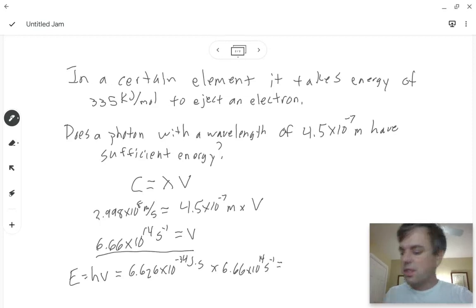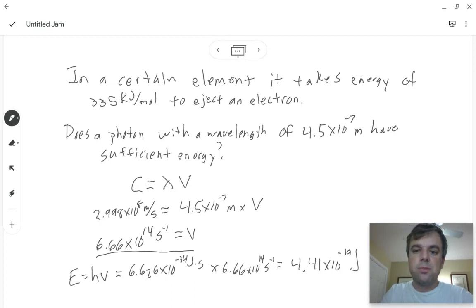If we multiply that out, I'm coming up with 4.41 times 10 to the negative 19th joules. So that's how much energy a single photon has.